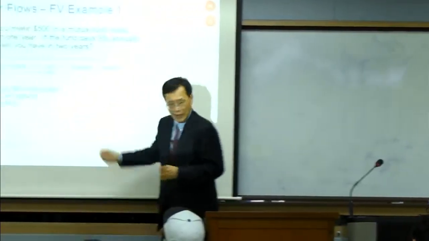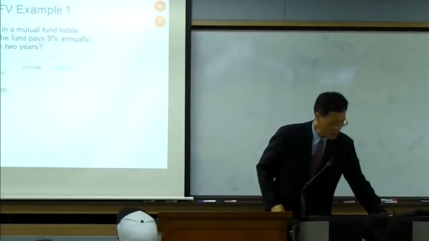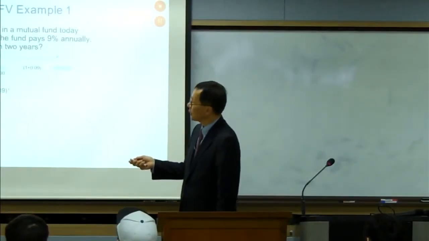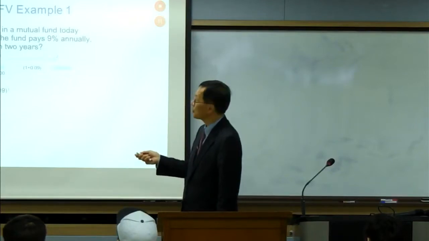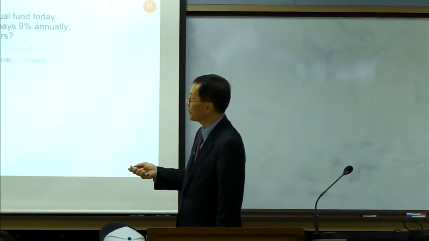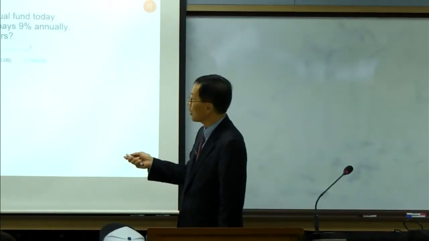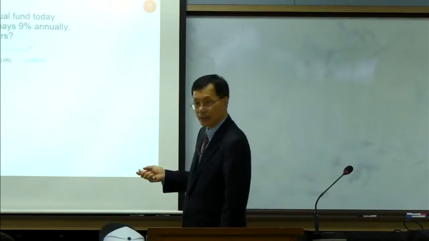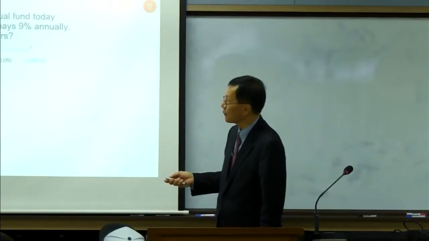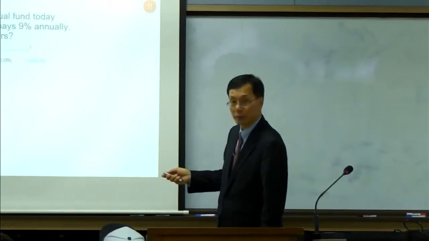So the first cash flow of 500 occurs, and it is compounded twice to find the year 2 value of this cash flow, and $600 is compounded once to find the year 2 value, and add them up, you have the future value of the multiple cash flows.